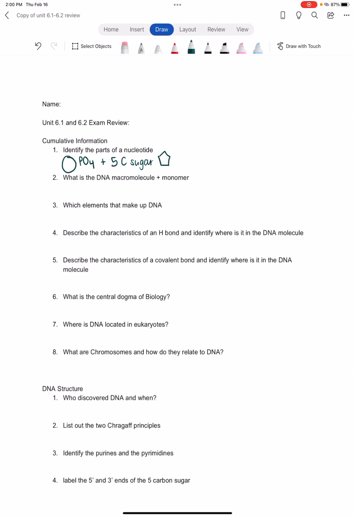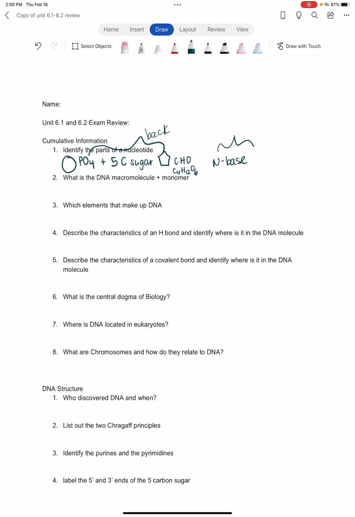And the elements in that are C, H, and O, because remember, sugar is C6H12O6. This will be the components of our backbone. And then finally, we have our N base, which is either a purine or a pyrimidine, and it's A, T, C, and G.